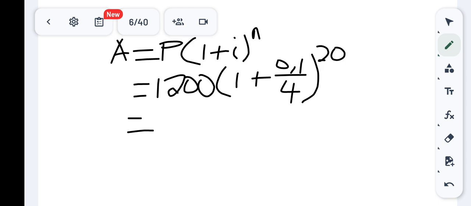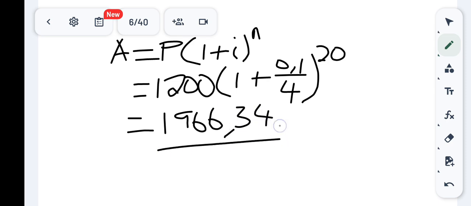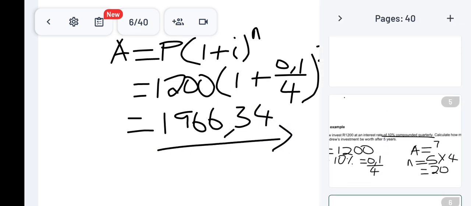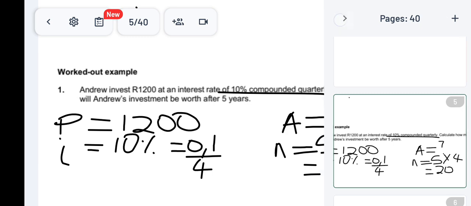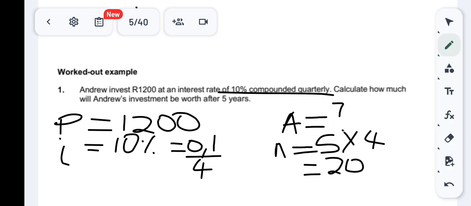Then we take this into our calculator: 1,200 times 1 plus 0,1 divided by 4, all to exponent 20. That is 1966,34.